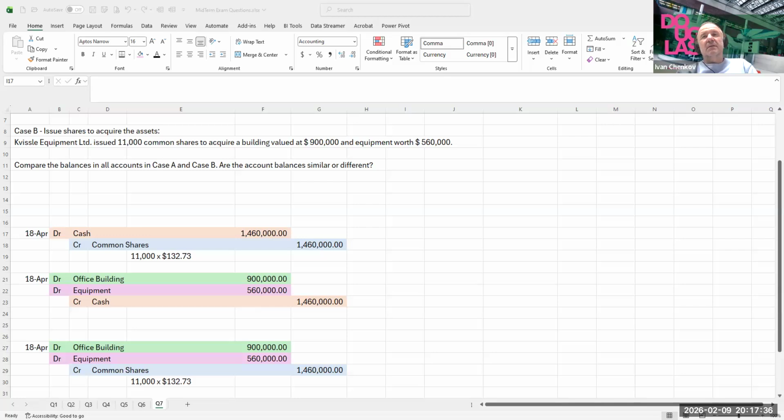You have to calculate the gain or loss, which obviously comes from how much cash you're going to get, the purchase cost of the asset, and the accumulated amortization. So if the book value plus the cash is more than the book value of the asset given up, you're going to get a gain. If it's less, you're going to have a loss. That will be the tricky part here.